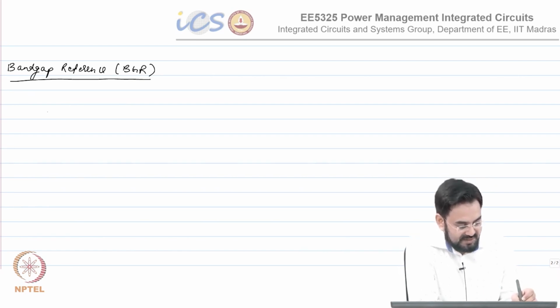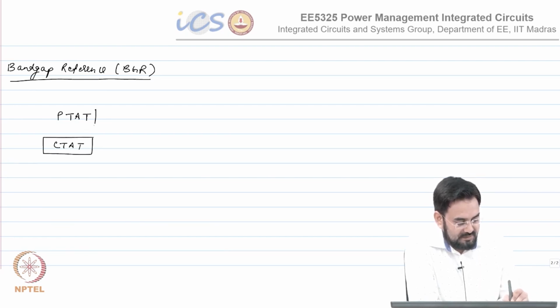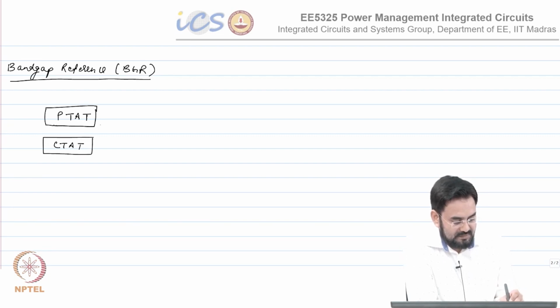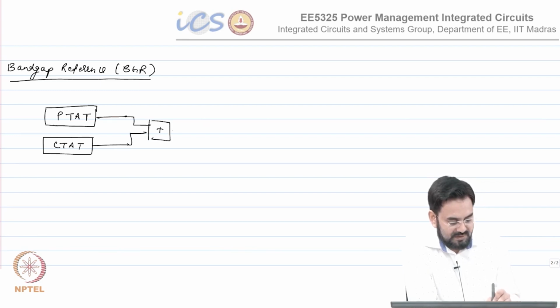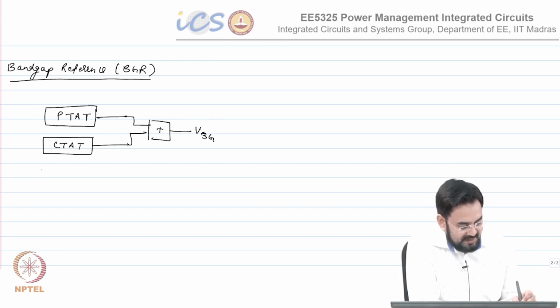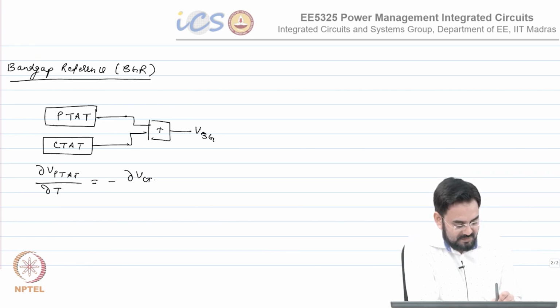Okay. So, what we need actually is PTAT and CTAT and you add up the two and what you get is VBG, okay, provided that your condition delta of V of PTAT over delta of T should be minus delta of V of CTAT over delta T. Okay.